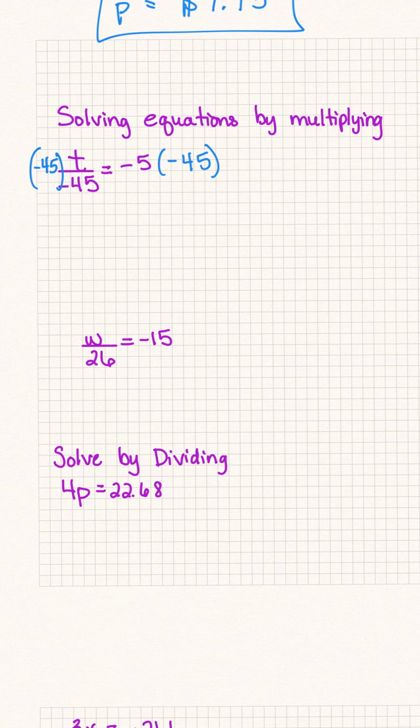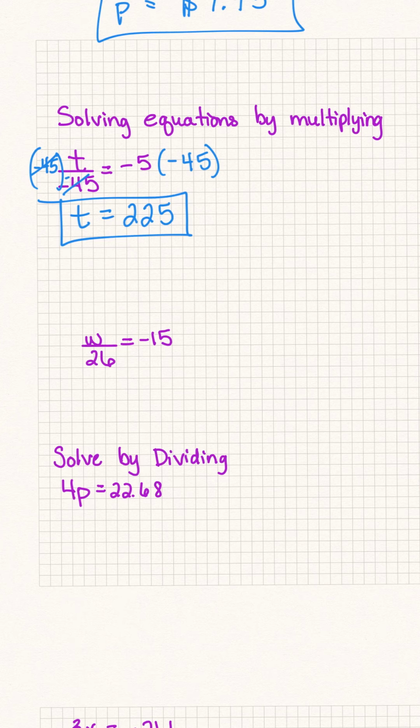If we multiply negative 45 times t over negative 45, these cross out and they equal just 1. 1t is the same thing as just t. And then negative 5 times negative 45. Negative times a negative equals a positive. 5 times 45 equals 225. So our answer is a positive 225.